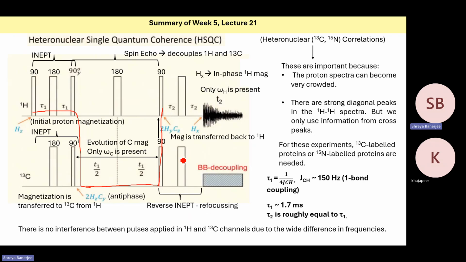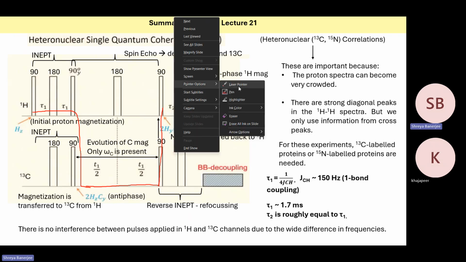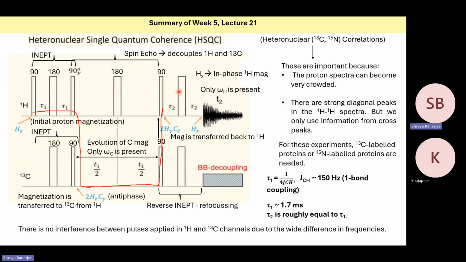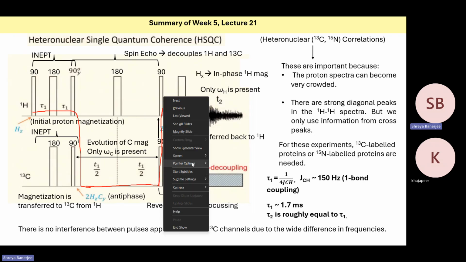So this last sequence is kind of a reverse INEPT, where in INEPT there was a transfer from 1H to 13C, and in this reverse INEPT sequence there is a refocusing. That is, the magnetization is again going back to the 1H.